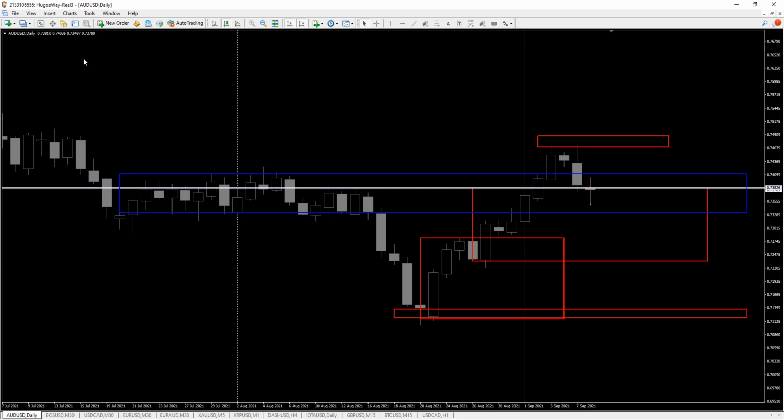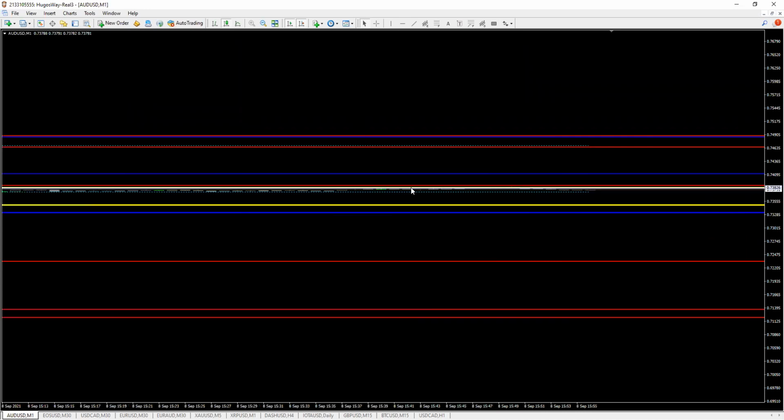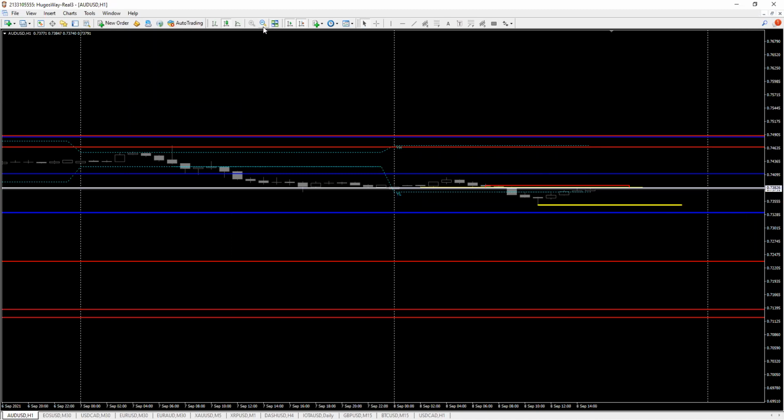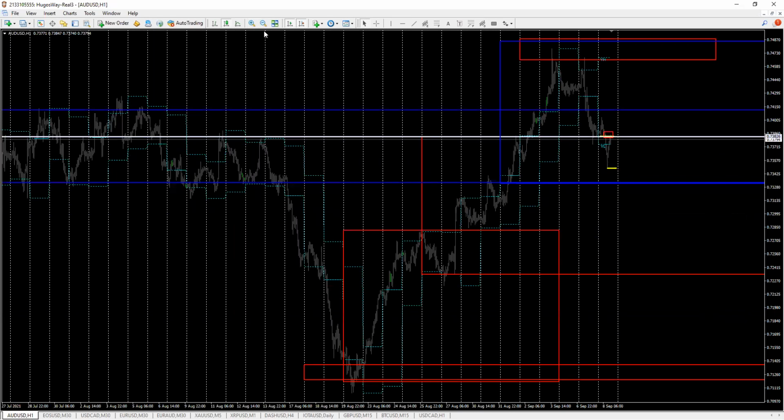So level 2, and then level 3 would have been here. And you can see that off the daily, and that's the same markup that we did on the hour. I know it takes some practice.